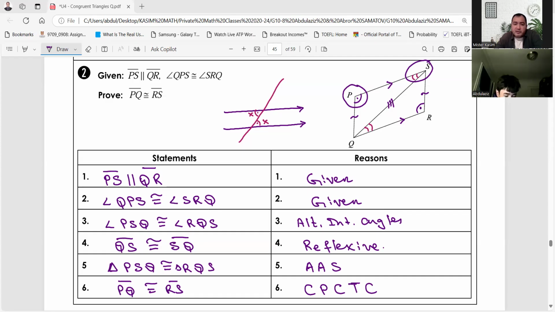And also median, what is the definition of median? It bisects a side, right? So AE is congruent to EC. That's the definition of median. Median means that it bisects a side.